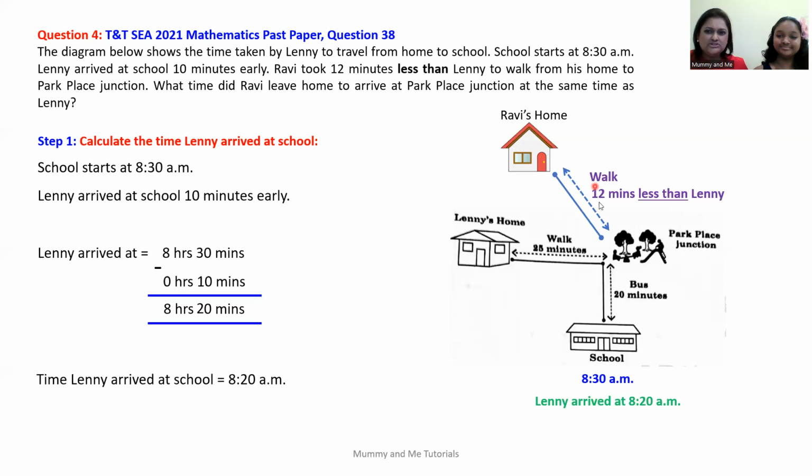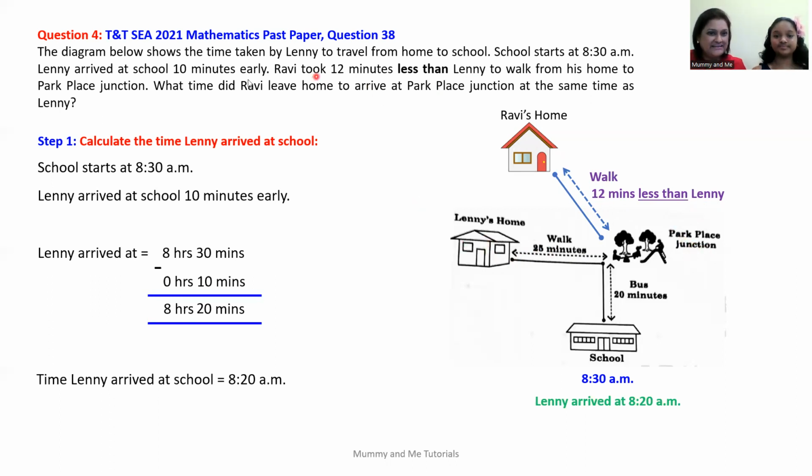So Ravi took 12 minutes less than Lenny. How long did Lenny take to walk from his home to Park Place Junction? 25 minutes. And Ravi took 12 minutes less. Yes. Okay, so that means Ravi lives closer to Park Place Junction than Lenny.